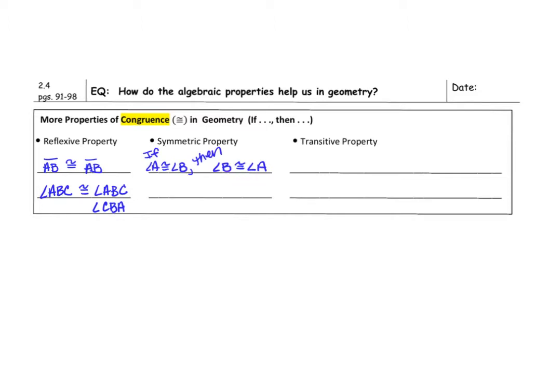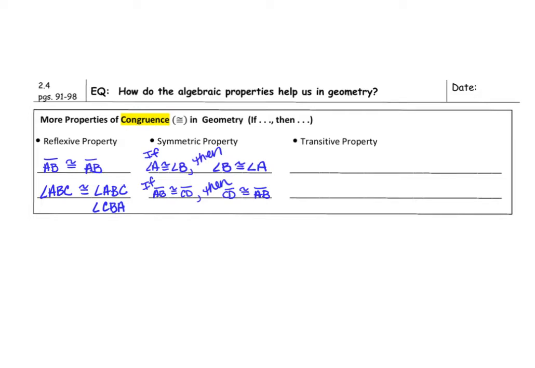An example with segments would look very similar. So if segment AB is congruent to segment CD, then segment CD is congruent to segment AB. And with segments, we have to make sure we use the segment bar when we are using the congruency symbol.